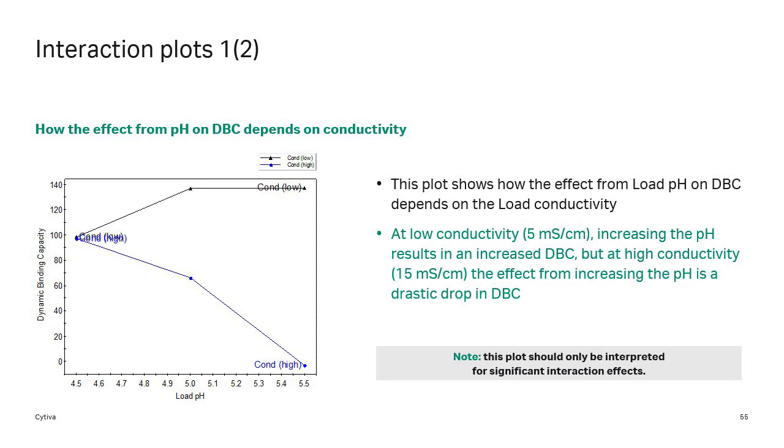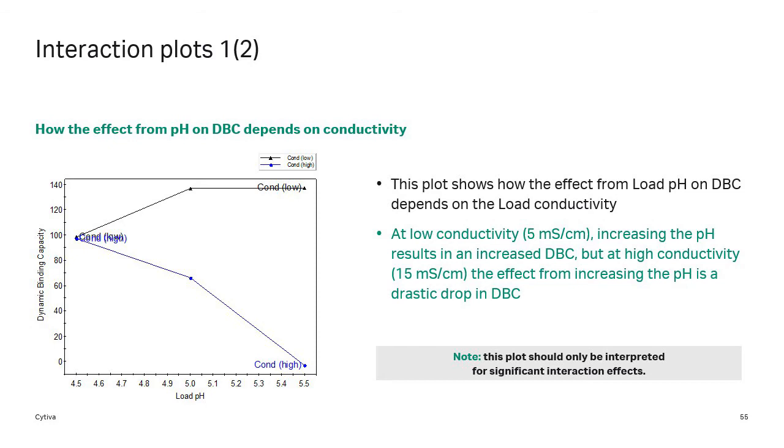So if we have a high conductivity, so a lot of charge in the solution, we're following then the blue line. When pH changes from high to low, the binding capacity is going to increase, which is what we would expect for any cation exchanger.